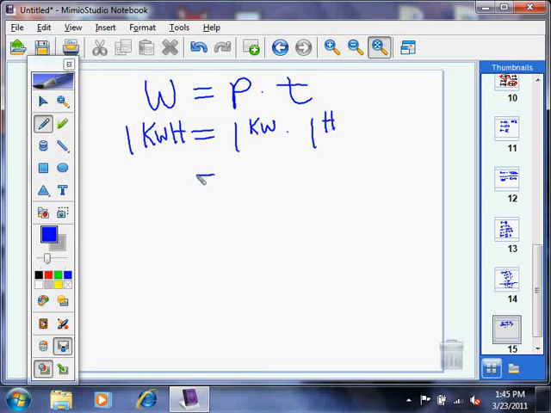And what's a kilowatt? 1,000 watts. And what's an hour? How many seconds in an hour? 3,600. 60 times 60.